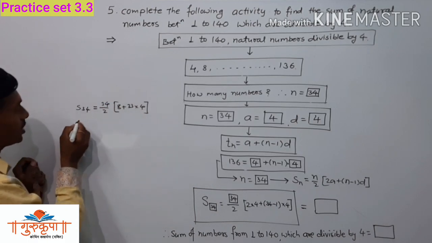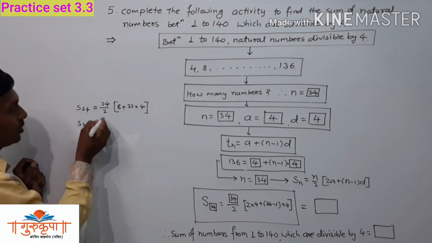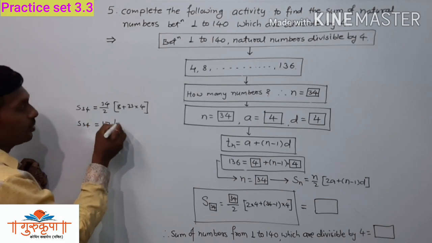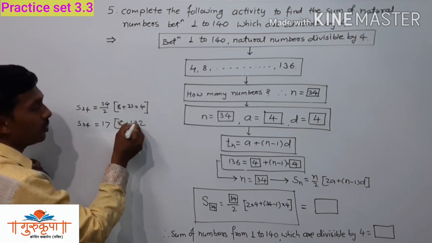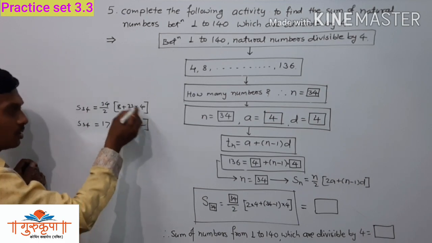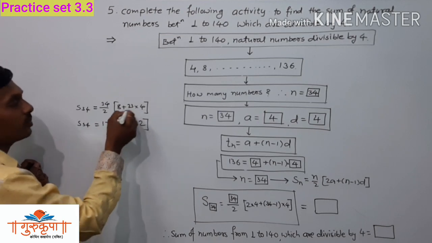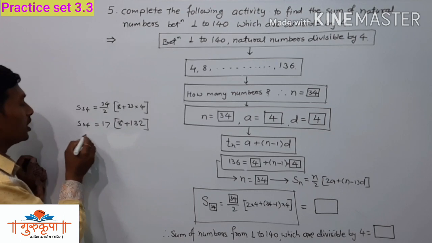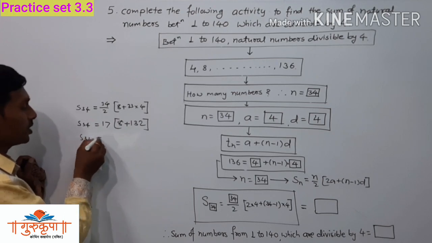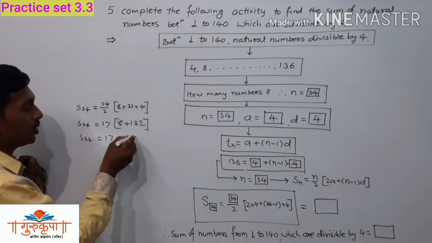Now simplify this: S34 is equal to 17 into the bracket, 8 as it is plus 4 3s are 12, plus 132. 132 plus 8, that is 140. This is 17 multiplied by 140.